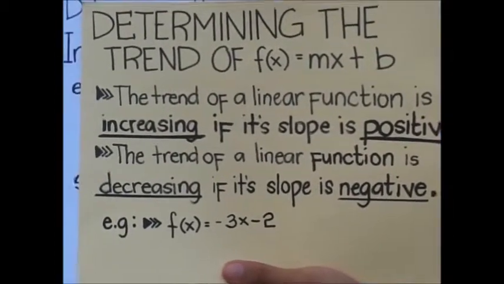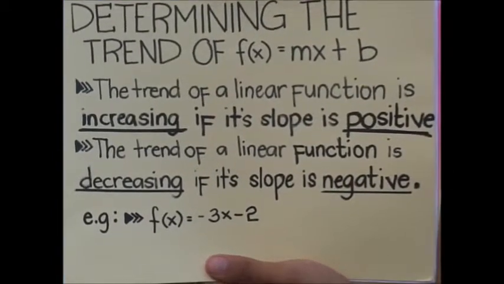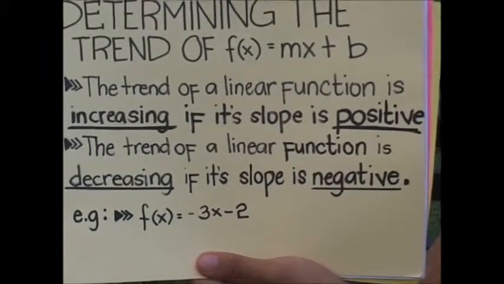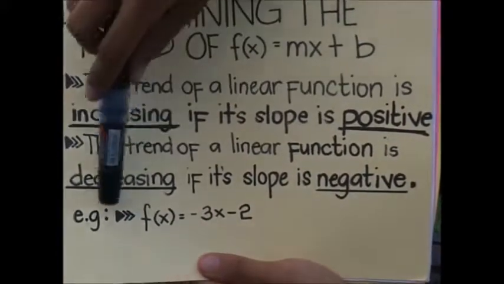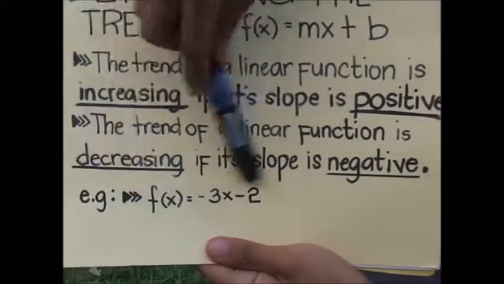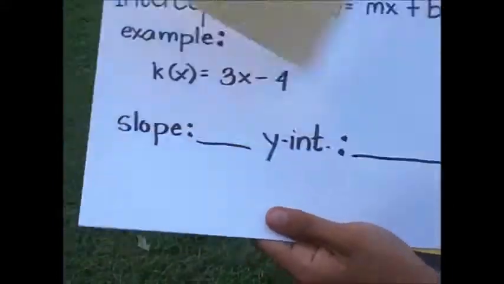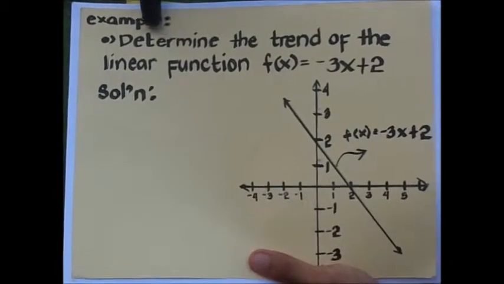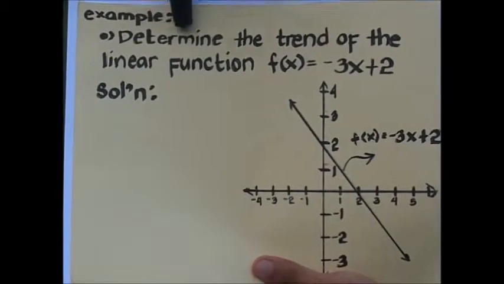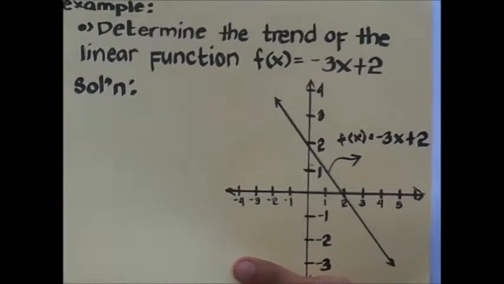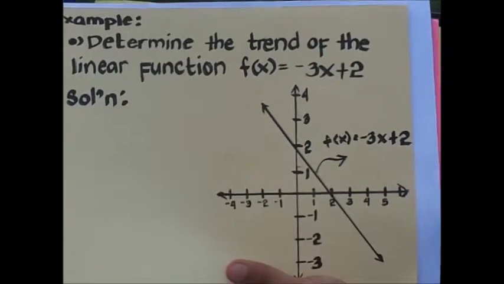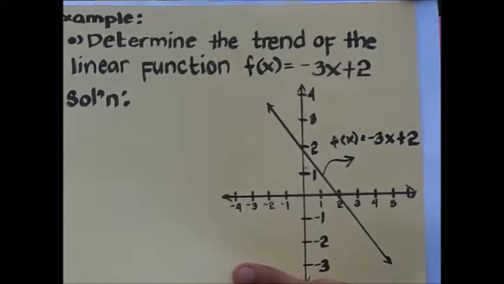Next, the trend of a linear function is decreasing if its slope is negative. Below is given an example. For this example, the objective is to determine the trend of the linear function f of x is equal to negative 3x plus 2.